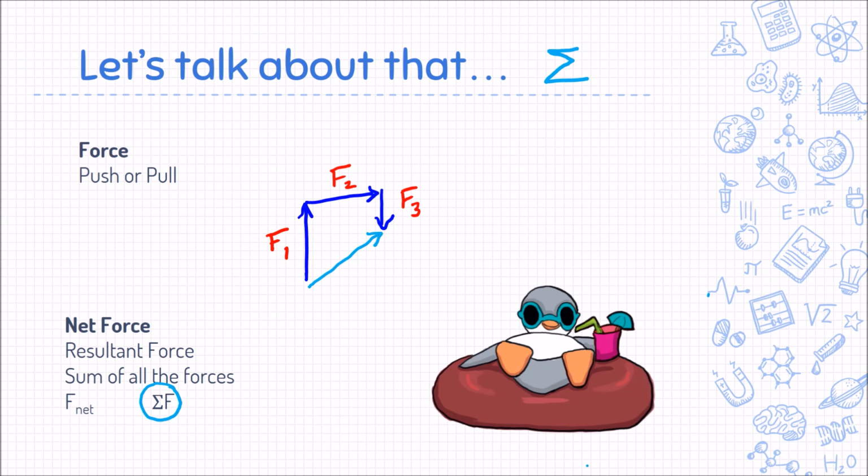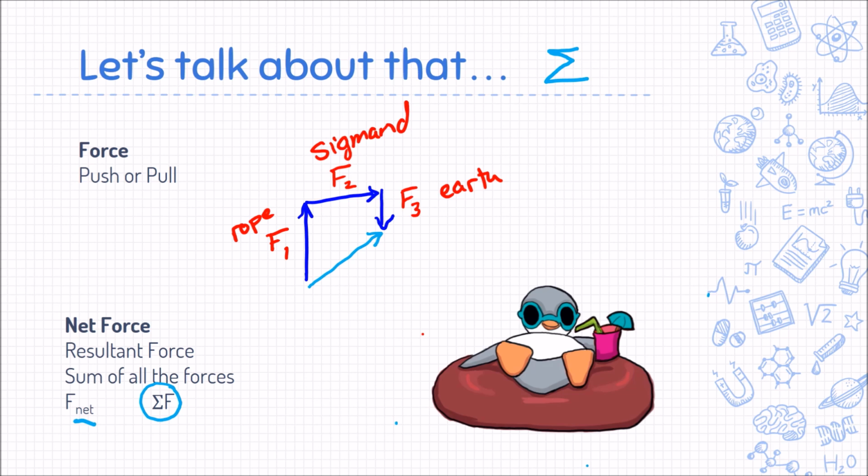The reason I don't like F net with the subscript is because to me that might be confused for a real force. So all of these dark blue forces have some sort of object causing the force. So F1 might be from a rope, and then F2 might be from Sigmund, and then F3 might be from the Earth because of gravity.